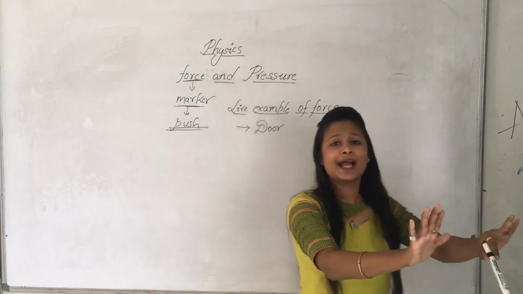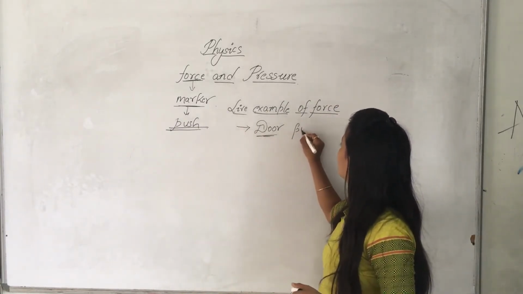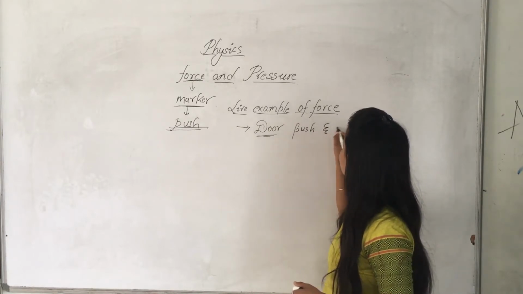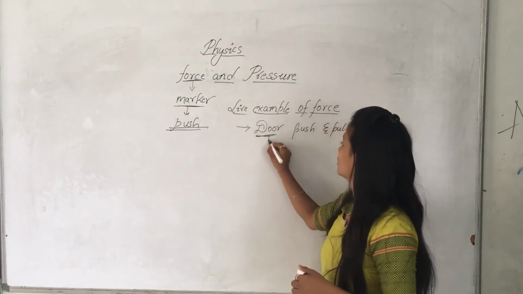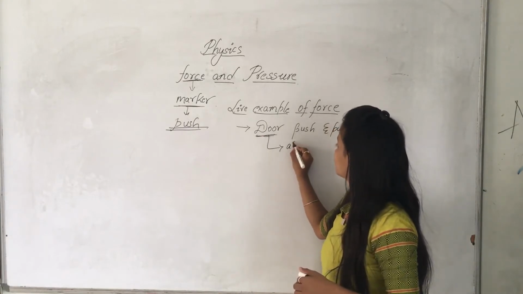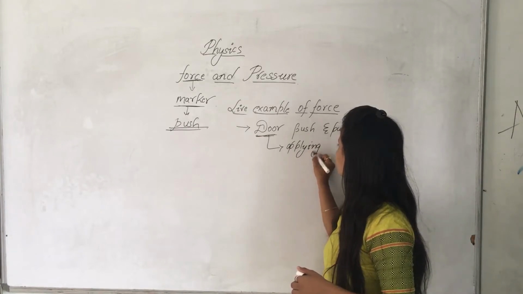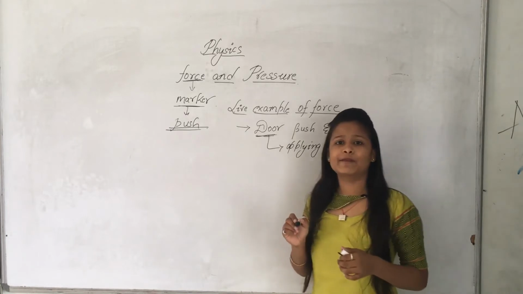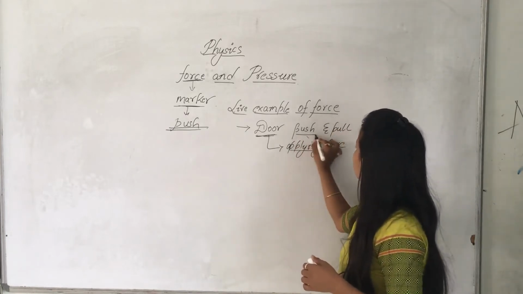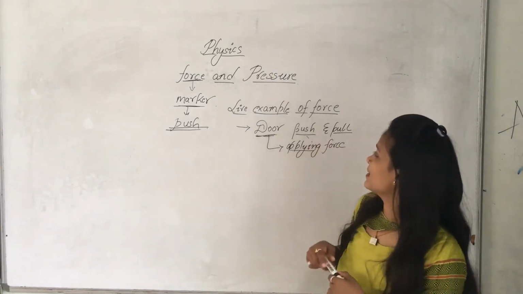If you push it inside, it is a push force. Can I say that a door is an example for push and pull both? You are applying some force to the door. How are you applying force to the door? It is in a pull and push manner. Am I right? Yes.